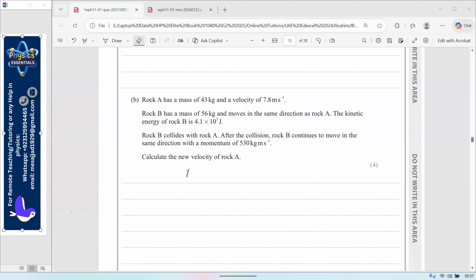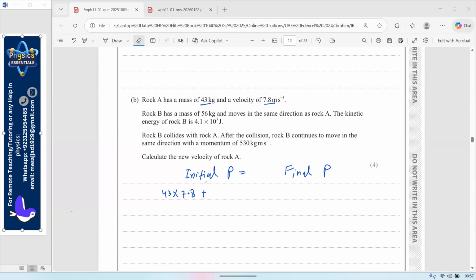So first of all, you will write initial momentum equal final momentum, because the law of conservation of momentum says the sum of initial momentum equals the sum of final momentum, or the total momentum remains constant. So initially rock A has a momentum of 43 times 7.8.